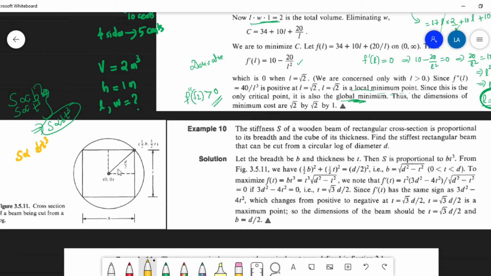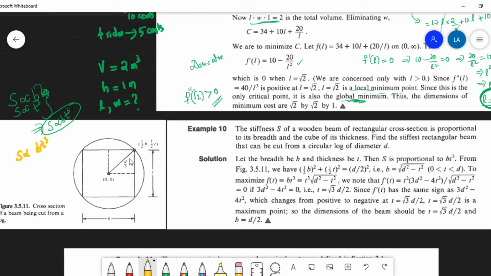if this is the center of the circle we are talking about, this will be the radius, which you can call d by 2, the diagonal. This will definitely be t, and then you can call it d by 2. Suppose we are giving 0, 0 as the origin, which is the center of the circle.